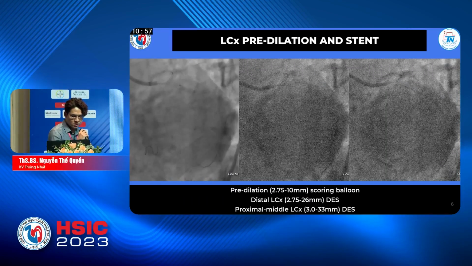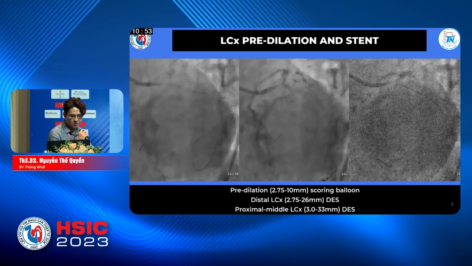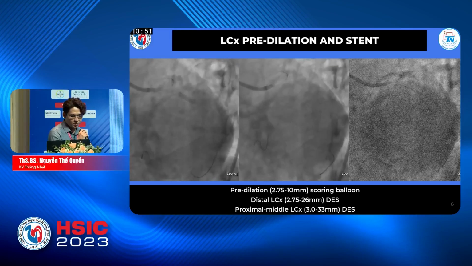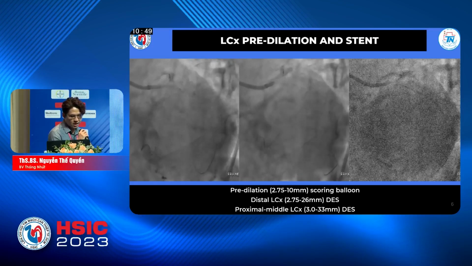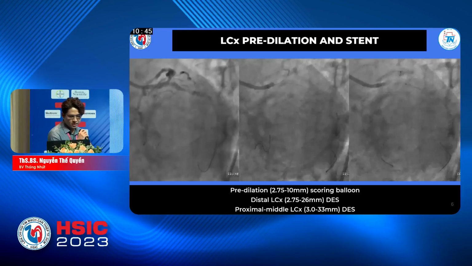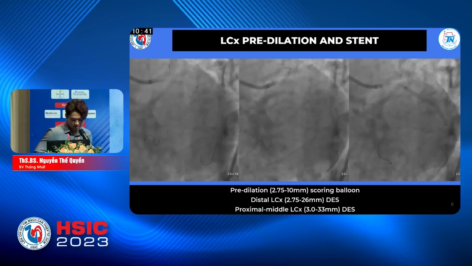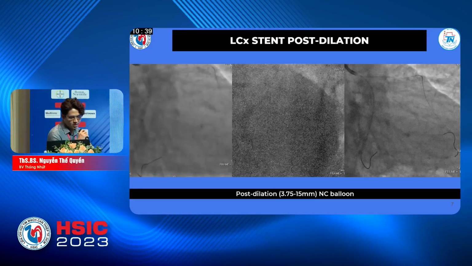The lesion was pre-dilated with a 2.75 scoring balloon, and then we put 2 drug-eluting stents, the 2.75 and the 3.0 DES, from the proximal to the distal part of the circumflex. And then we post-dilated with a 3.75 NC balloon.